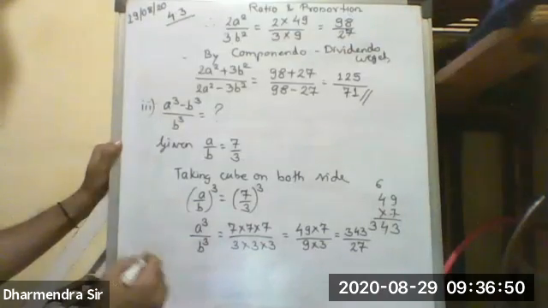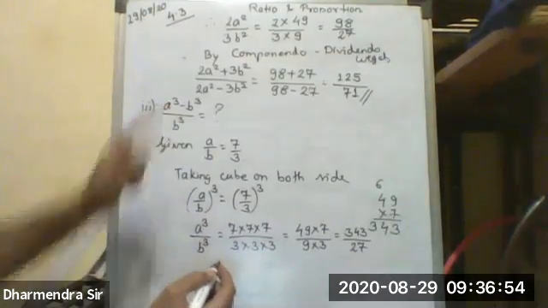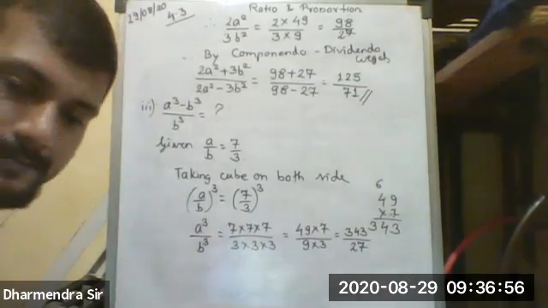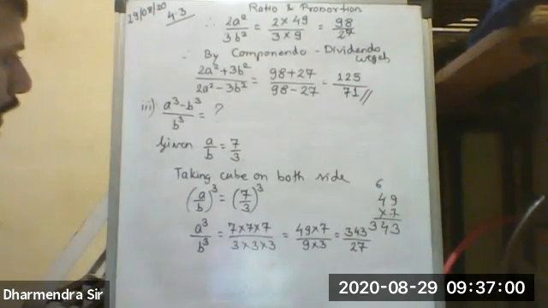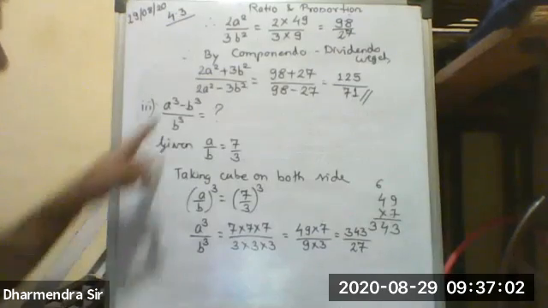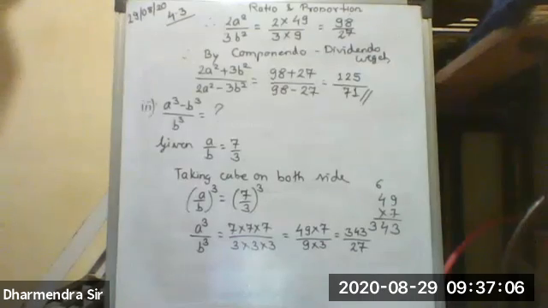So here, right now you can see what is required. We got a³ by b³. We are having a negative sign in the numerator. So what we will do? We will do dividendo. If instead of minus it would have plus, I would have tried componendo.